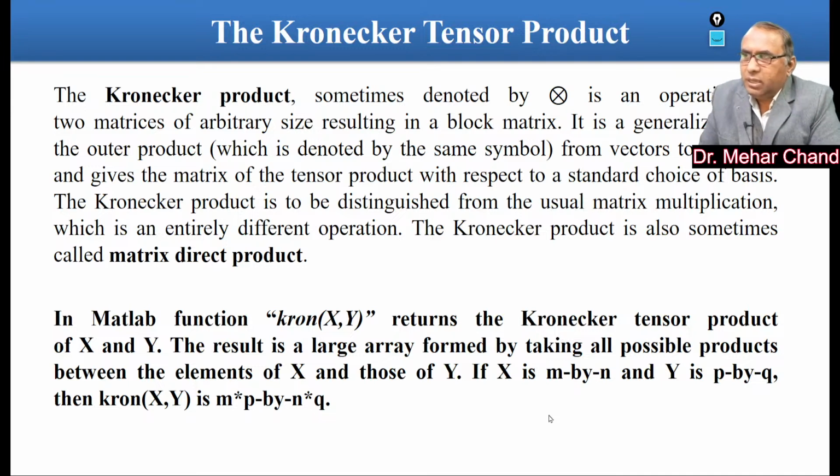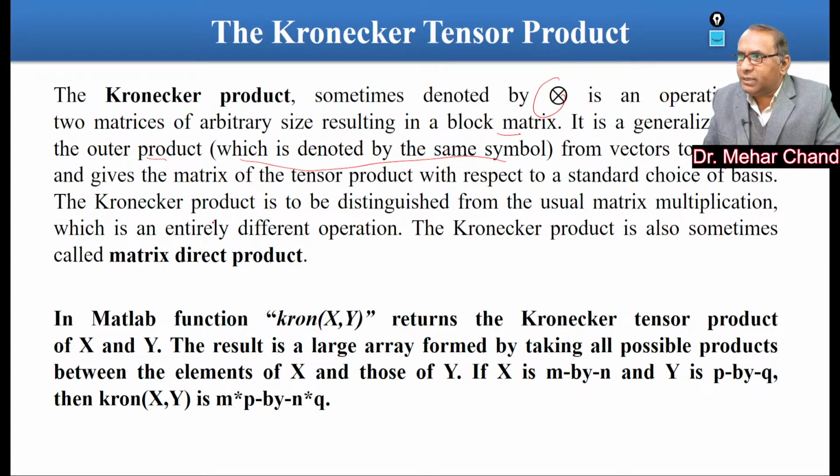Kronecker product. The Kronecker tensor product is also very useful sometimes if required. The Kronecker product is an operation on two matrices of arbitrary size resulting in a block matrix. It is the generalization of the outer product, denoted by the same symbol, from vectors to matrices, and gives the matrix of the tensor product with respect to a standard choice of basis.